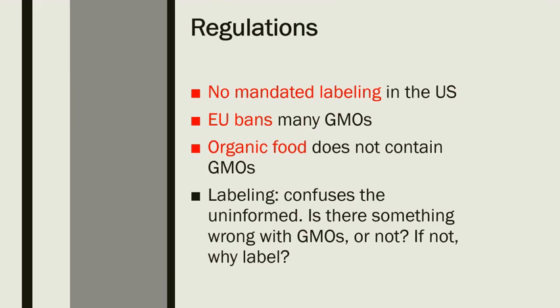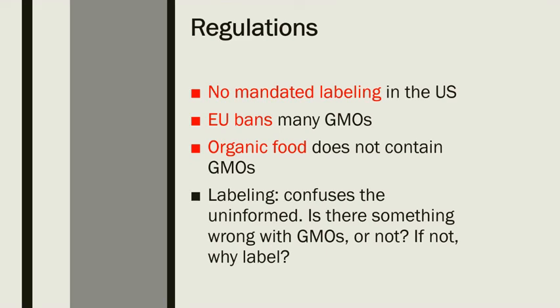So I said there was no labeling in the US. The regulations on GMOs mainly are in Europe. So in the US, there's no mandated labeling. The EU actually bans many genetically modified organisms. Organic food, right? Organic is a label.